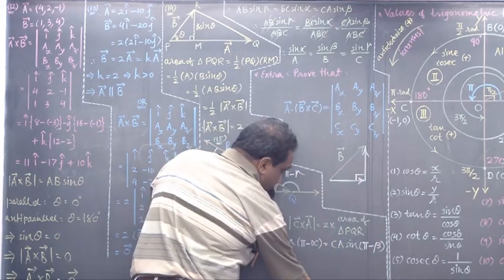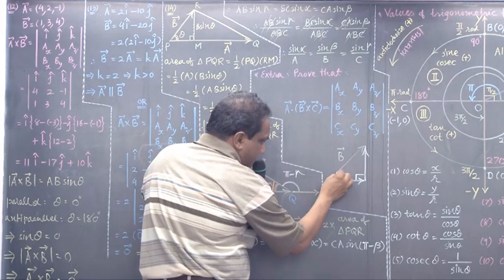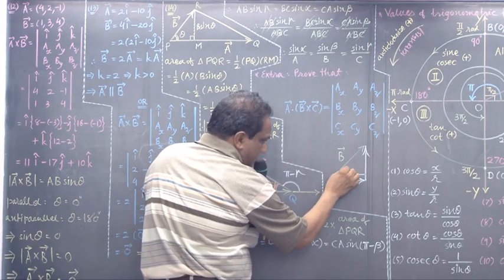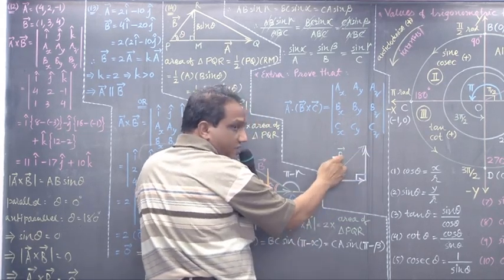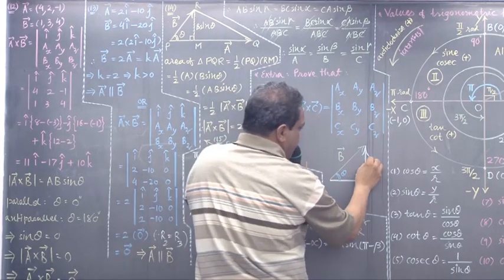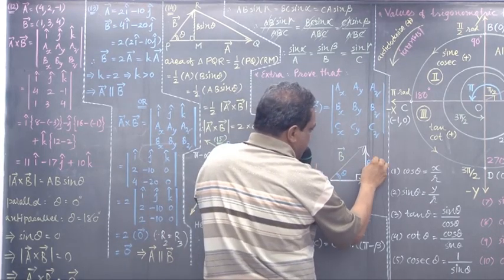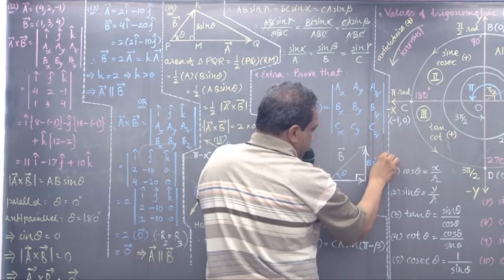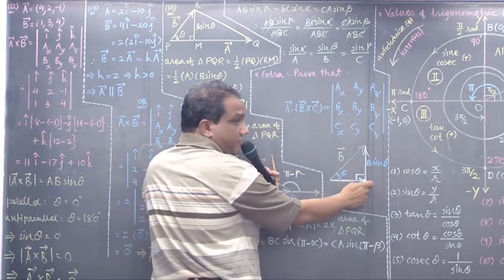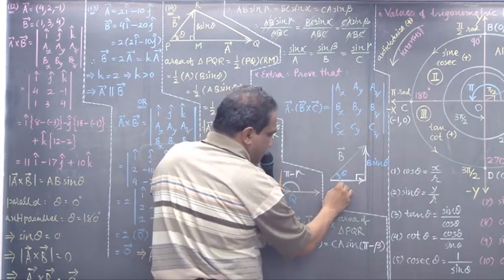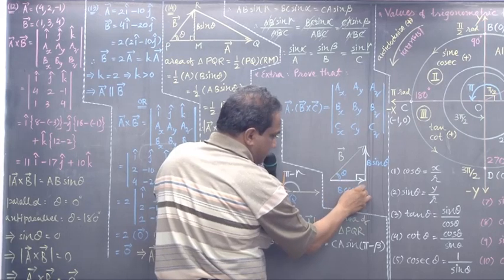Now this is angle theta, suppose. Then this is that component of vector B which is opposite to theta, so B sin theta. This is that component of vector B which is adjacent to theta. It is B cos theta.